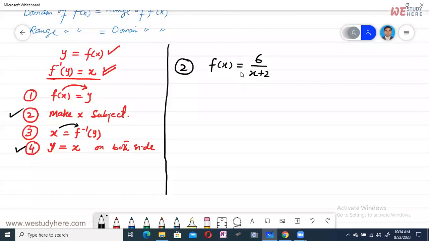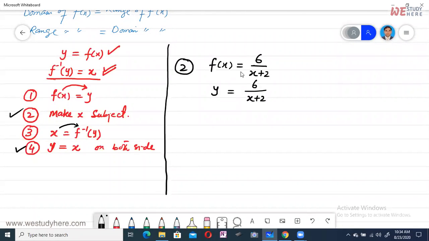Now, in the first step, what I asked you, replace f of x with y. Here, in the place of f of x, we will write y, 6 divided by x plus 2 as it is. Then in the second step, we will make x the subject.